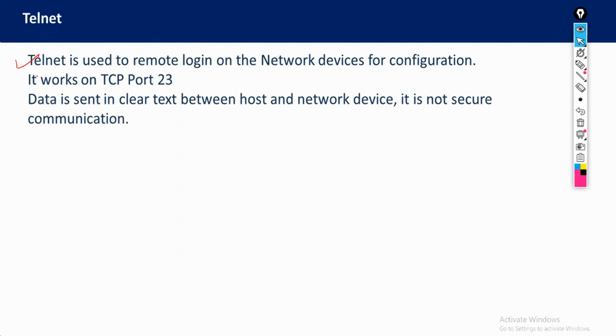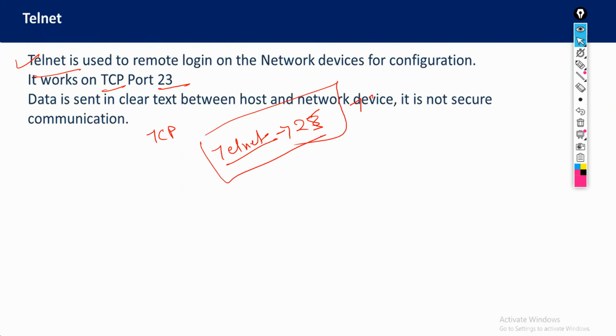Telnet is used to remote login on the network device for configuration. It works on TCP port number 23. Every service has some port number. Telnet is one kind of service, which uses port number 23, and this port works under TCP.